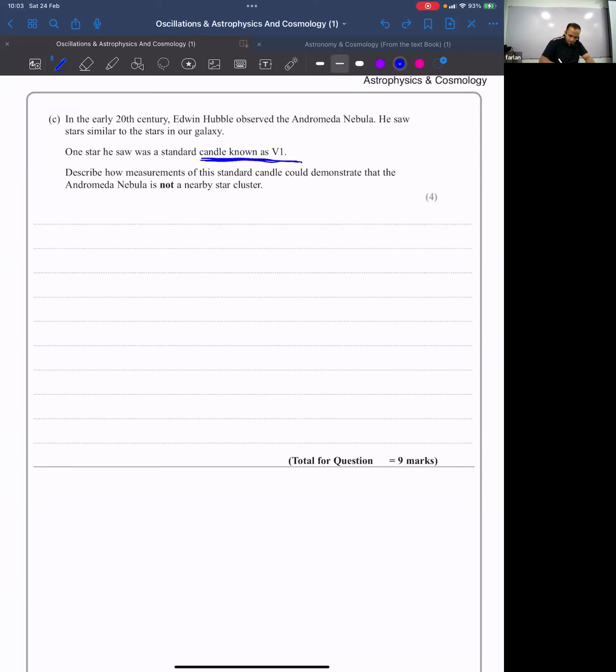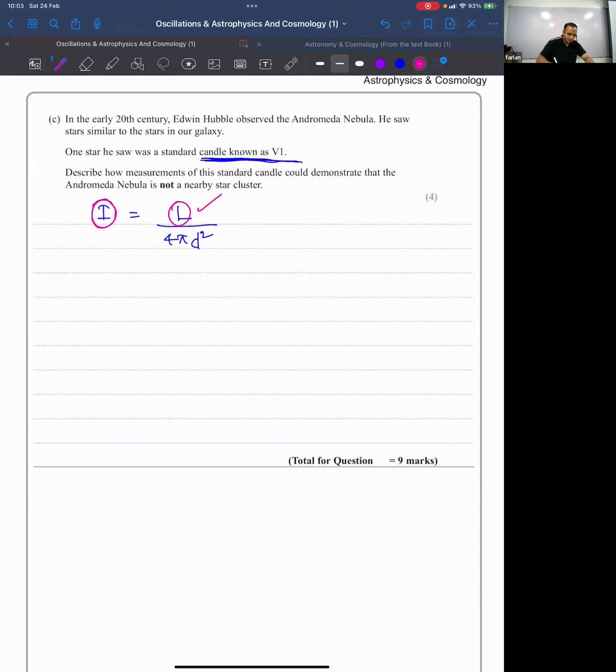So very simple. Intensity is equal to luminosity over 4 pi d squared. Since it is a standard candle, the luminosity is known. So you measure the intensity of it at the Earth's surface.